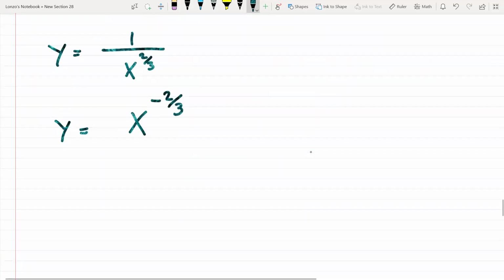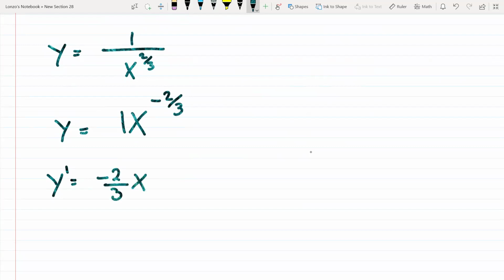Okay. Now I can take the derivative easily by using the power rule. This has a coefficient of 1, so applying the power rule, it's 1 times negative 2/3, which is negative 2/3 x. And then the power is going to be the old power minus 1. So the old power is negative 2/3 minus 1, which is 3 over 3.